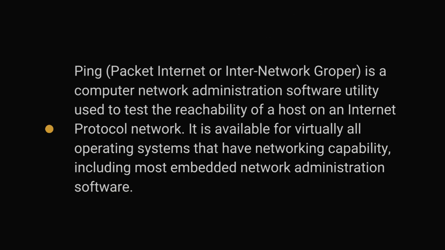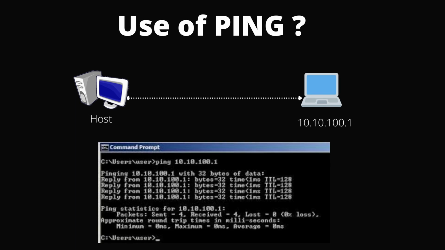So let's see the use of ping. As I said, the primary use of ping is just to test the connectivity. In the picture you can see the host from the user. You can just ping anything which is responsible to reply, or a machine which is currently live, up, and reachable, and it will respond with the reply packet.